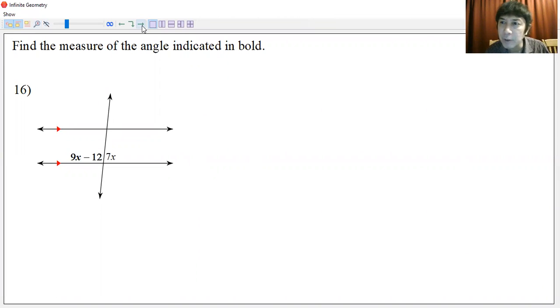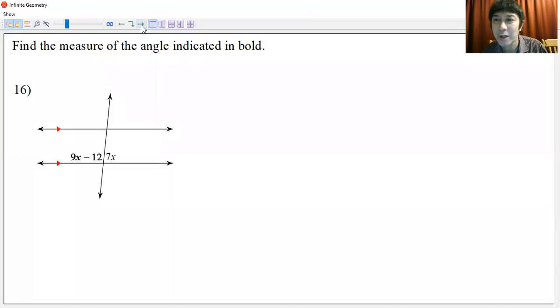What about this? This doesn't look like a vertical angle pair. Now, this is a linear pair. A linear pair is a pair of angles that are adjacent to each other.